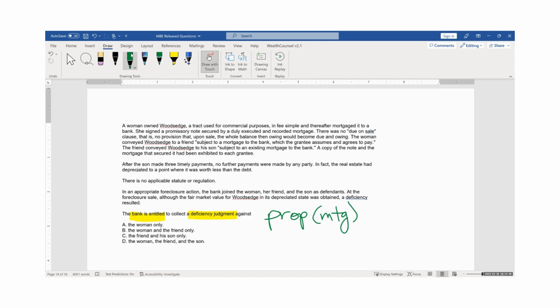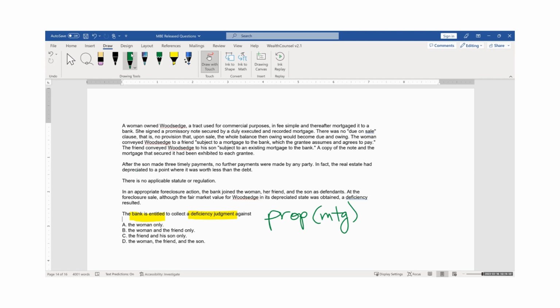So if someone is a borrower, they are liable unless they get a novation. A novation in the context of mortgages is where the lender agrees to let the borrower off the hook and replace the borrower with a different party who will be responsible for that mortgage.